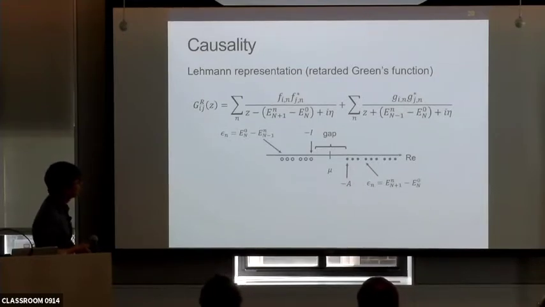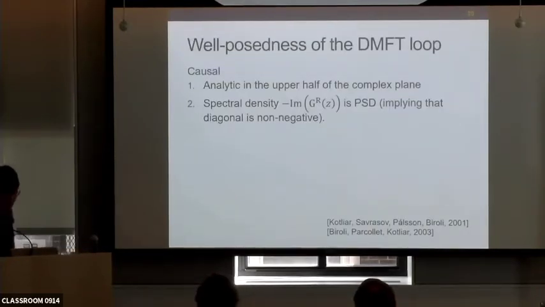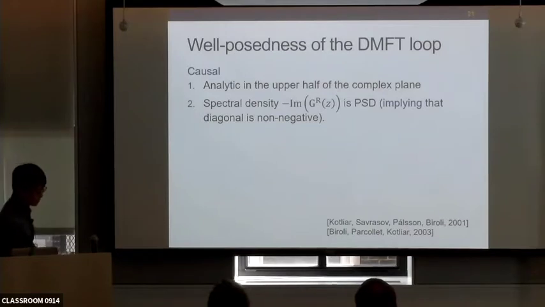Not only is this issue, or so-called causality, important for the Green's function, but also for other quantities as well. It's particularly related to the question of whether the DMFT loop, once you do that, is well defined. So what is causal? First of all, it needs to be analytic in the upper half of the complex plane.